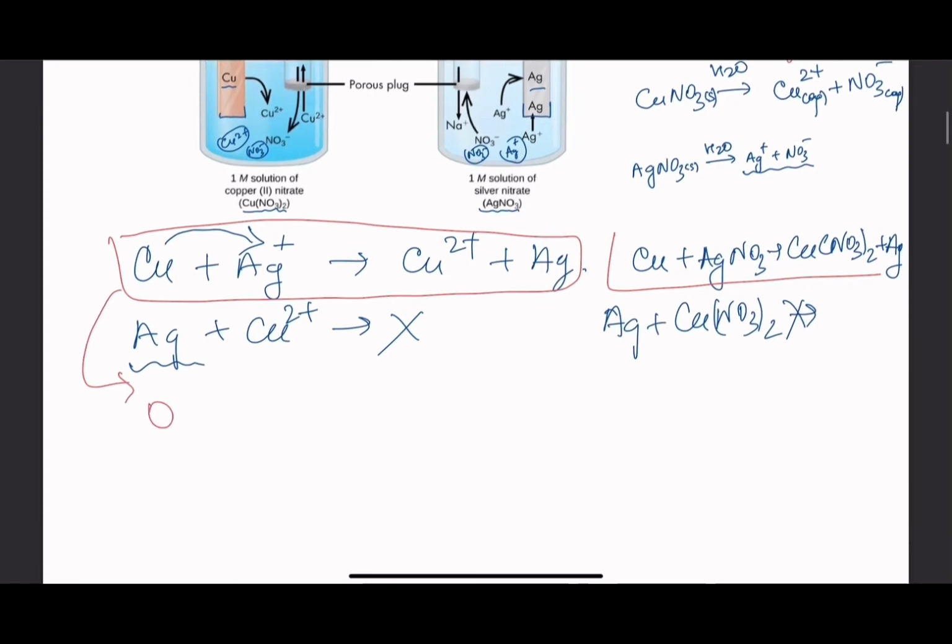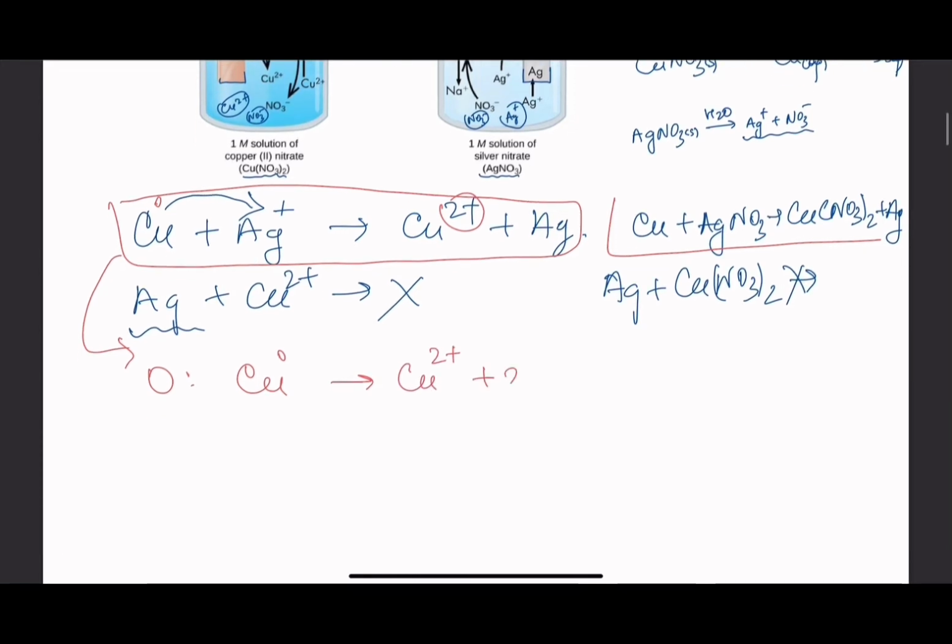So for oxidation, we know that copper went from copper 0 to copper +2. So copper 0 and then copper +2. In order to balance, we add 2 electrons on this side, so both sides add up to 0. Okay? And then reduction is what?